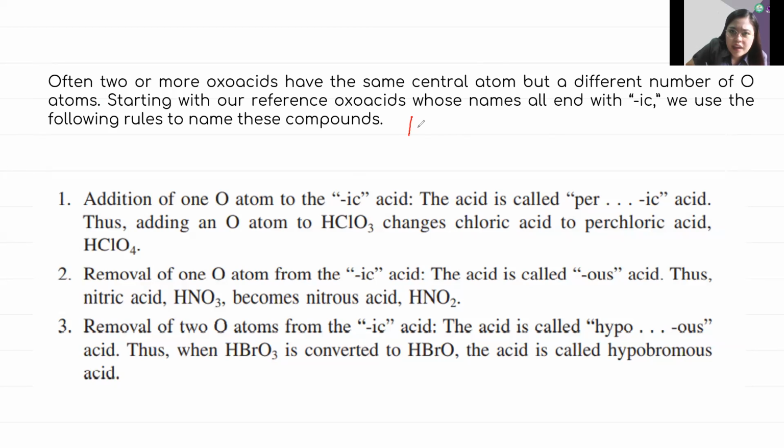Let's start with H2CO3. When you see this, you should automatically say it is an oxoacid, because it has hydrogen, oxygen, and a central atom. Now in naming the oxoacids, the word acid is always the second word.